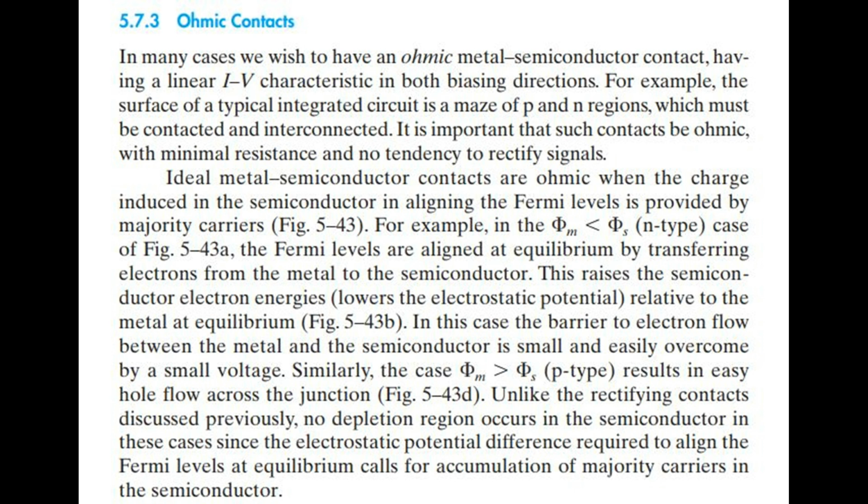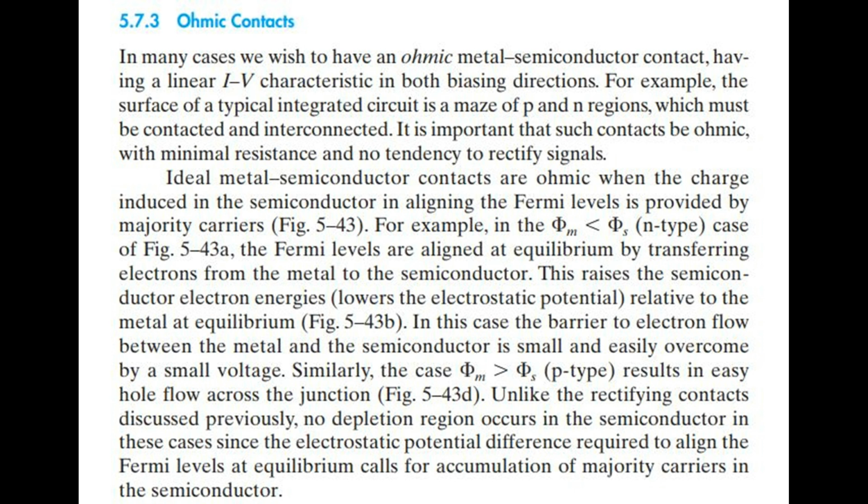Similarly, the case Φm > Φs, p-type, results in easy hole flow across the junction, Fig 5-43d. Unlike the rectifying contacts discussed previously, no depletion region occurs in the semiconductor in these cases, since the electrostatic potential difference required to align the Fermi levels at equilibrium calls for accumulation of majority carriers in the semiconductor.